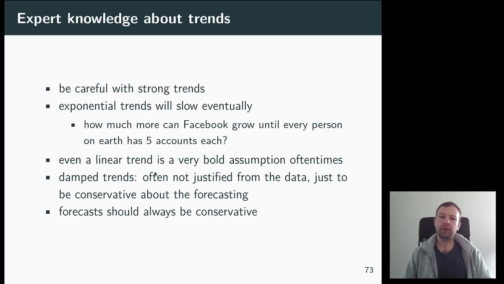They are actually often not justified from the data. It's just a way to be conservative about your forecasting. And as I said before, it turns out that forecasts should always be conservative. It's always a good idea to not make wild guesses that then don't come true.